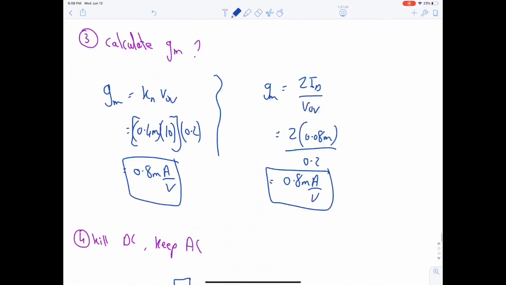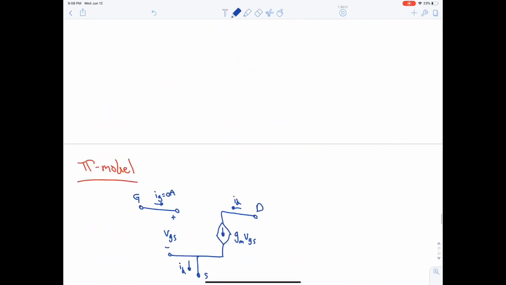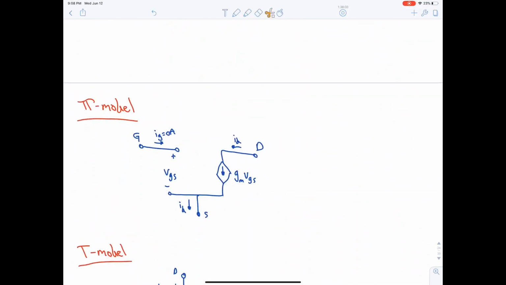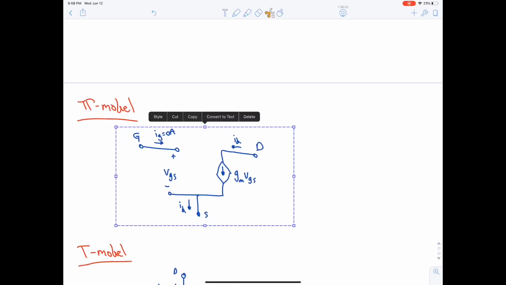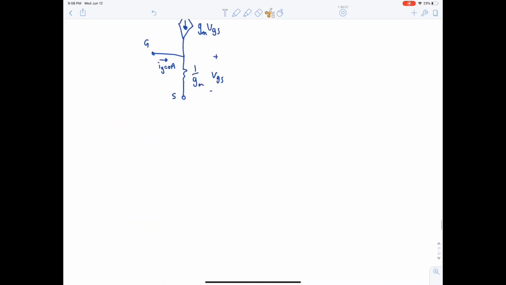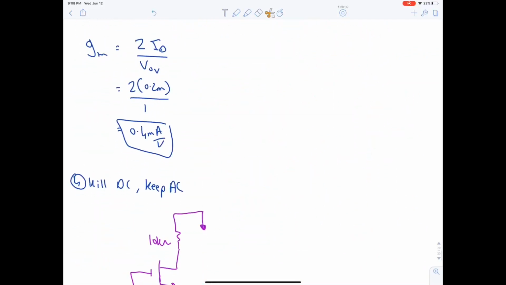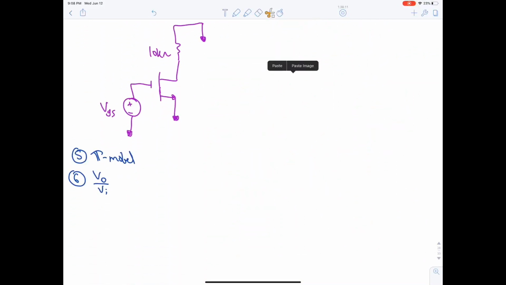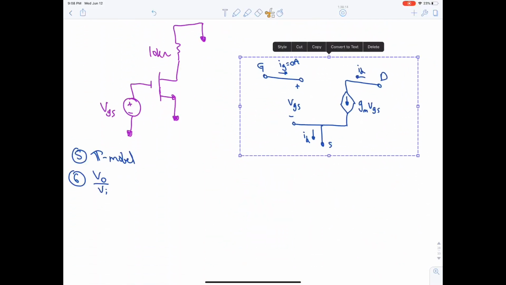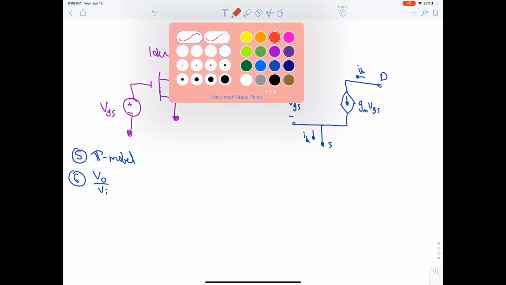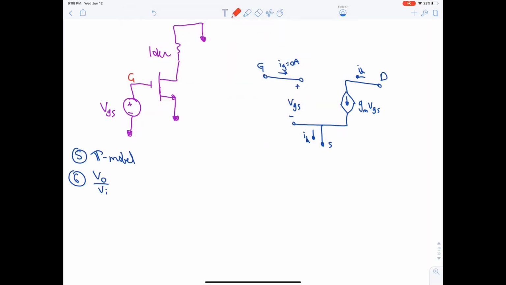Let's copy the pi model. Okay, copy. Pasting. Now, G is connected to a source, vgs.